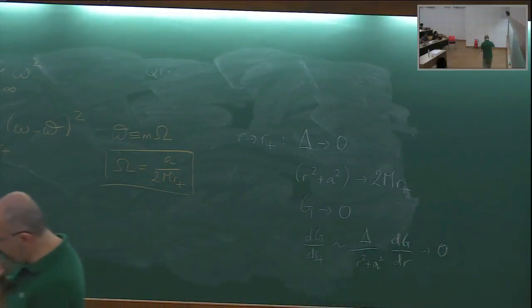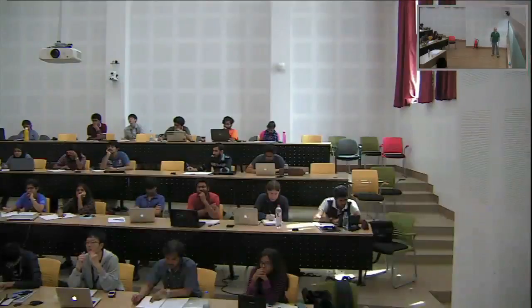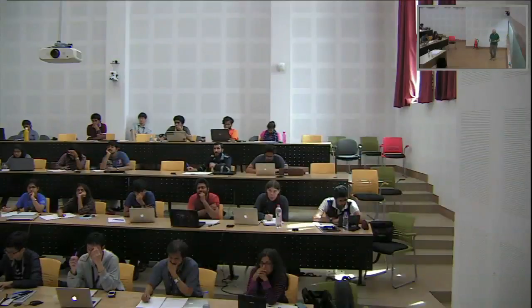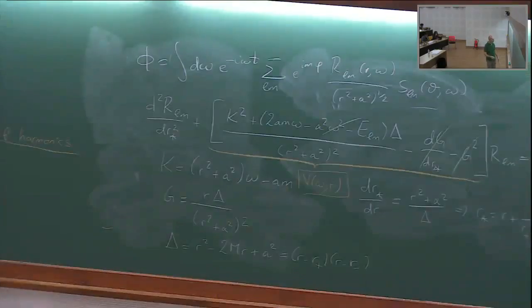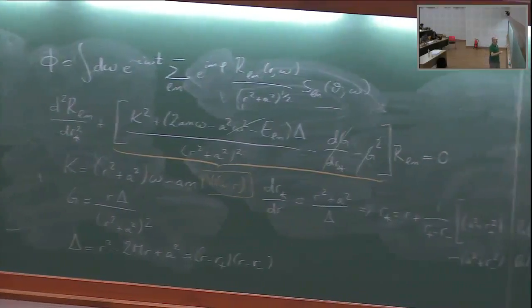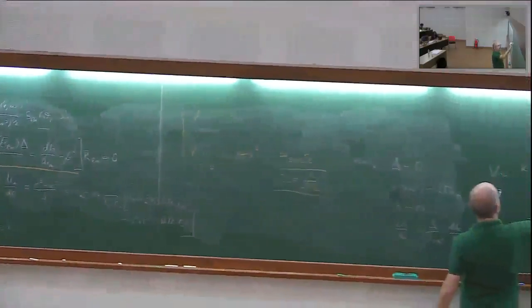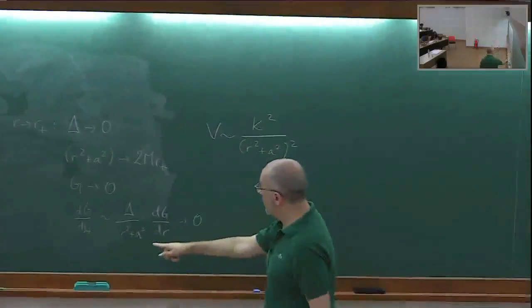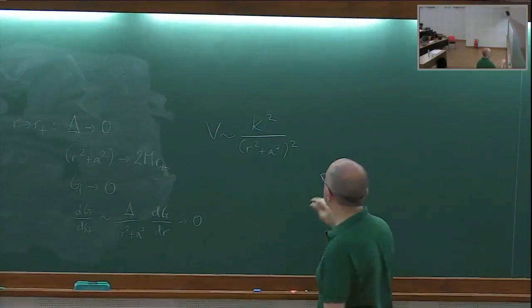So in the limit, this vanishes, this vanishes. Delta vanishes. So I'm left with k squared over r squared plus a squared squared. So V will go like k squared over r squared plus a squared squared. But r squared plus a squared is 2m r plus.